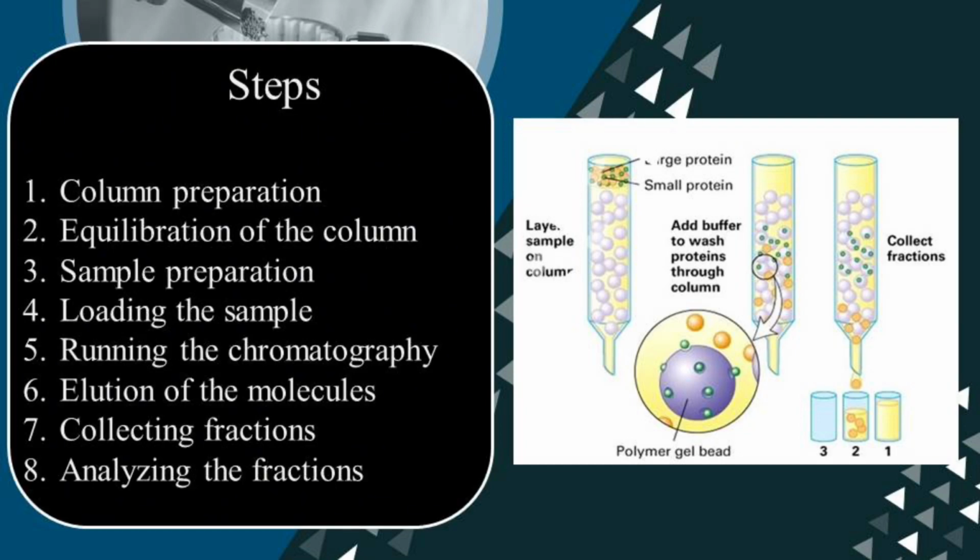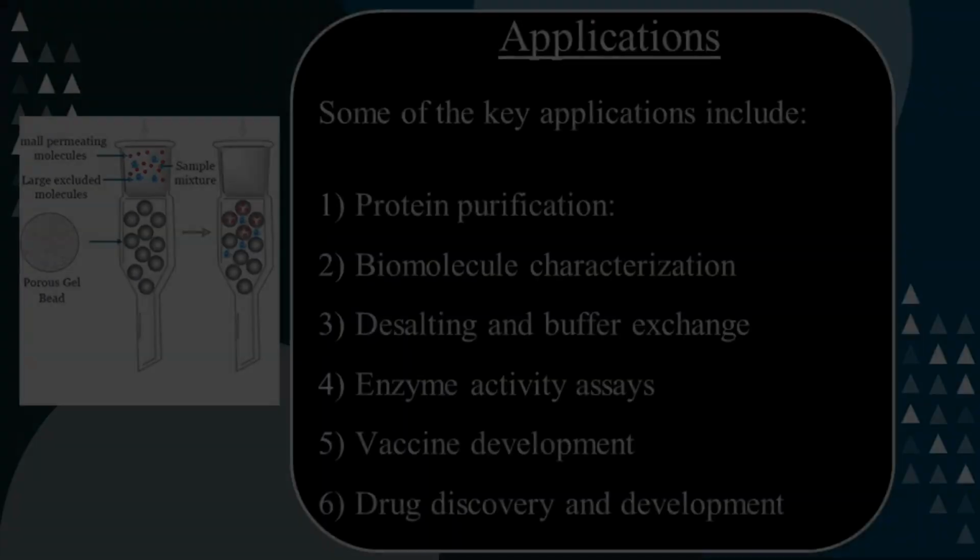The last step is analyzing the fractions. Once the fractions are collected, they can be further analyzed using various techniques such as UV spectroscopy, mass spectroscopy, or gel electrophoresis. These analyses help determine the concentration, purity, and identity of the separated molecules.